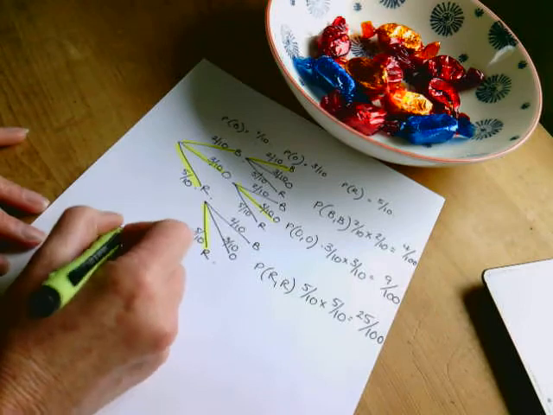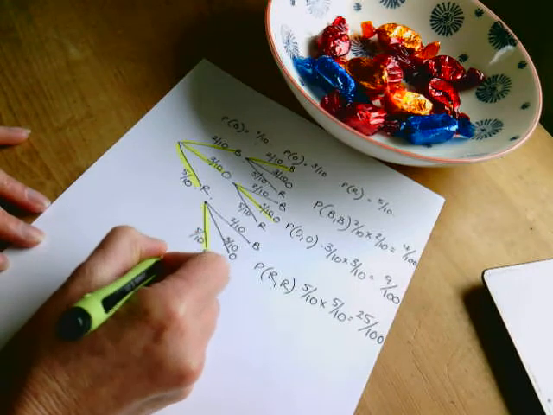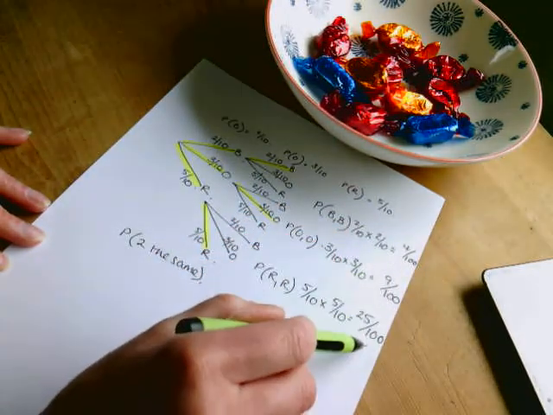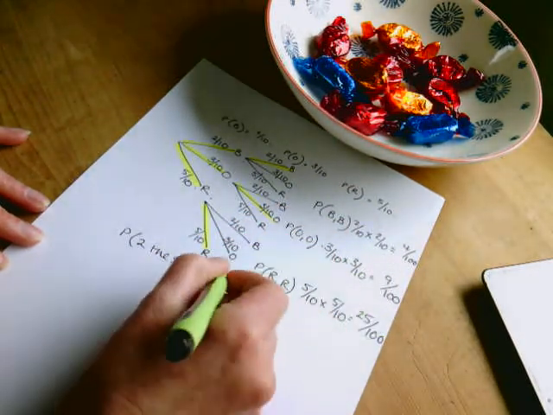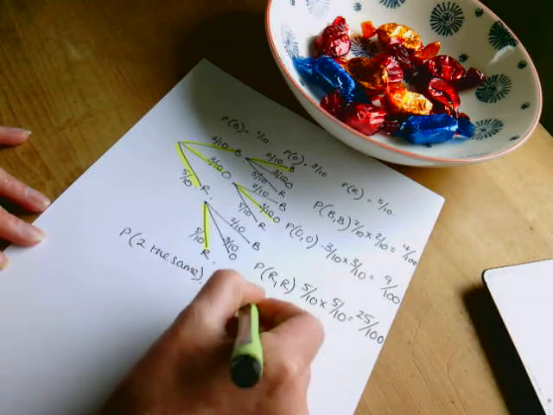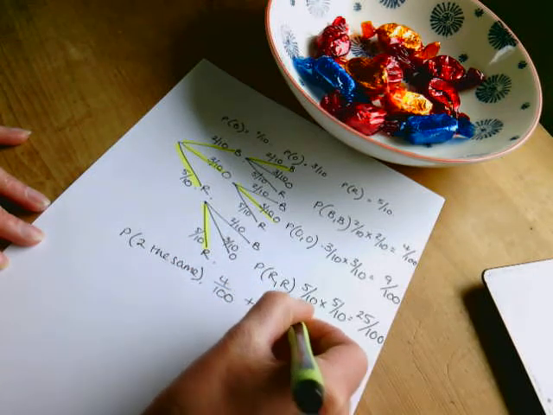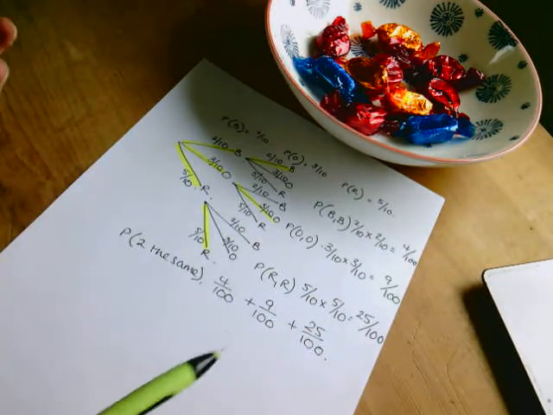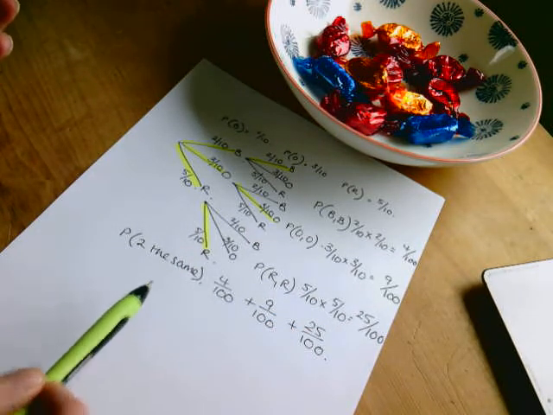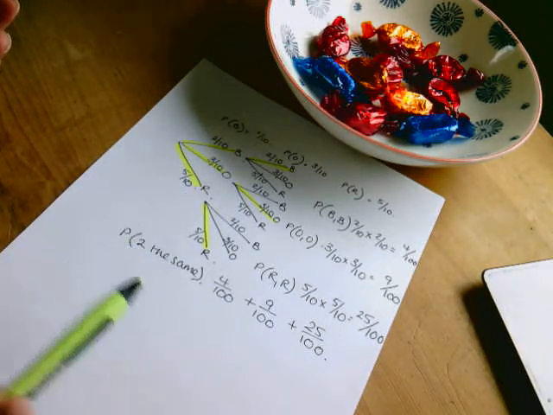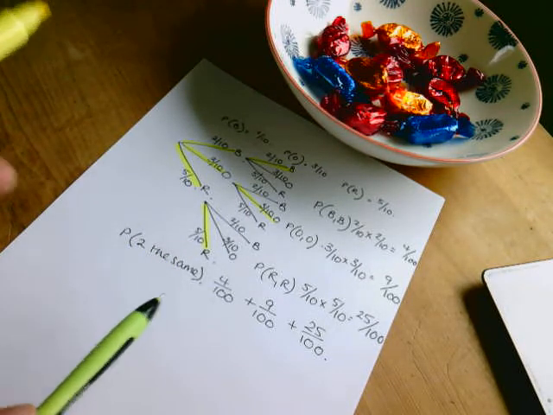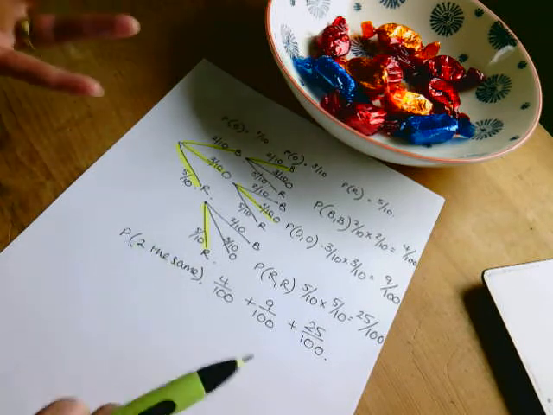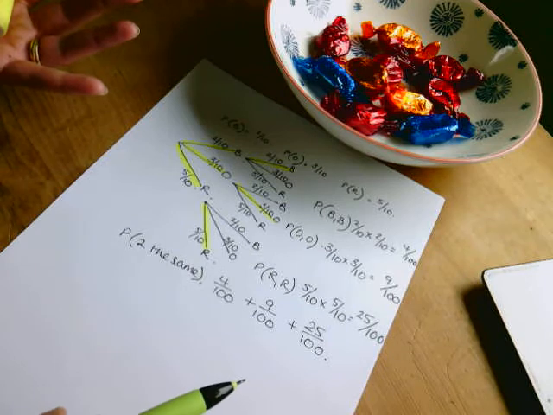So the probability of two the same, we're going to add up these three fractions. So 4 over 100 plus 9 over 100 plus 25 over 100. Because when we have the probability of two the same, we can have red, or blue, or orange. And when we have a situation where you can have one outcome or another in probability, to find the total probability, we add the probabilities together.